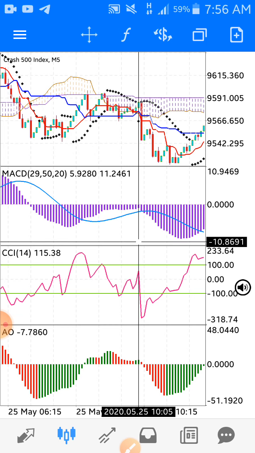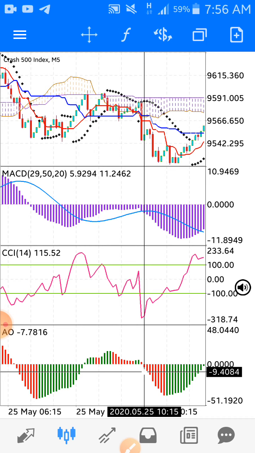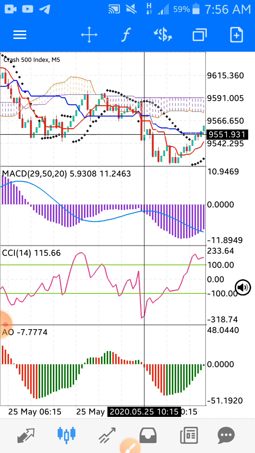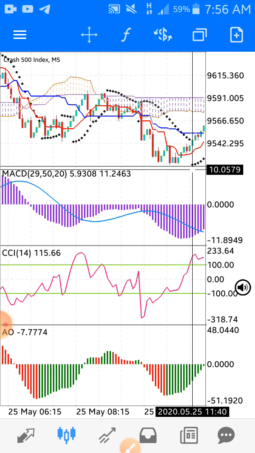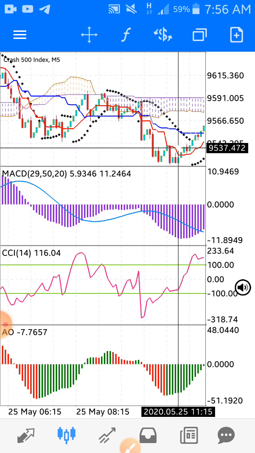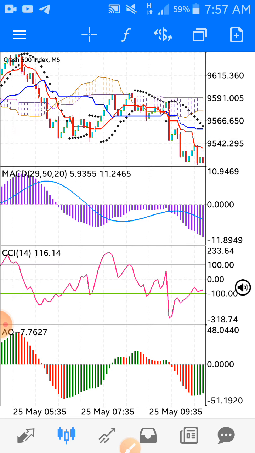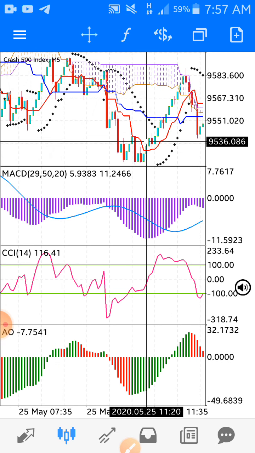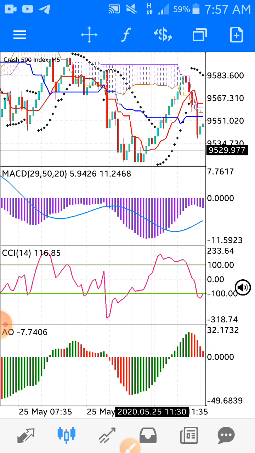MACD was down, CCI was below minus 100, Awesome Oscillator was already ready, and so you had about 10 minutes drawdown, and then the spike continued. You would have exited here almost close to your entry. It happens. All right, or you can just take your profit when it is crossing back the red moving average that comes with the indicator.